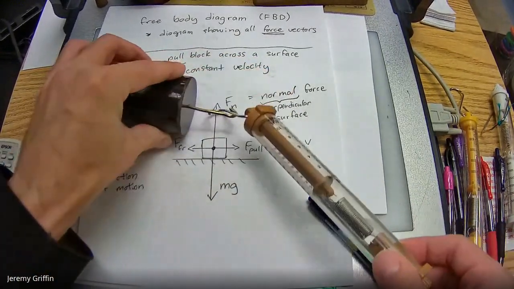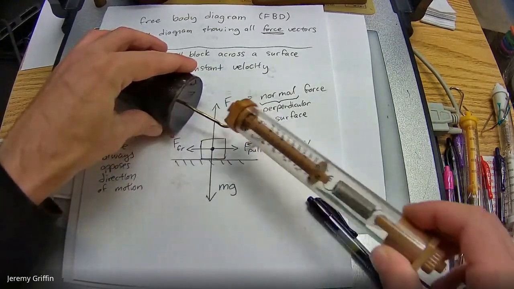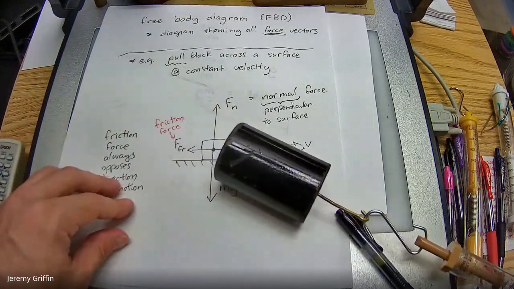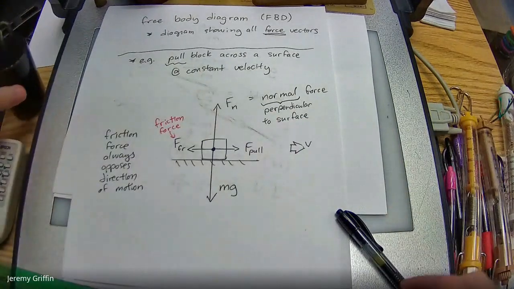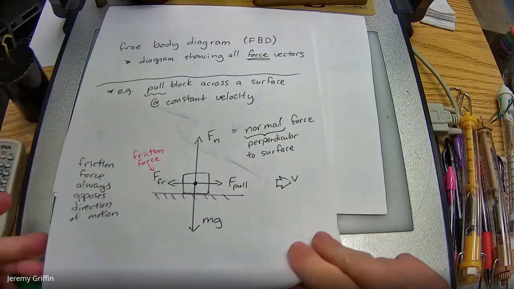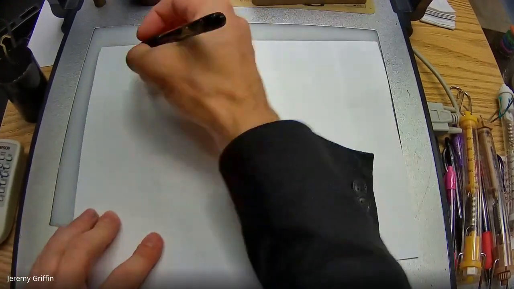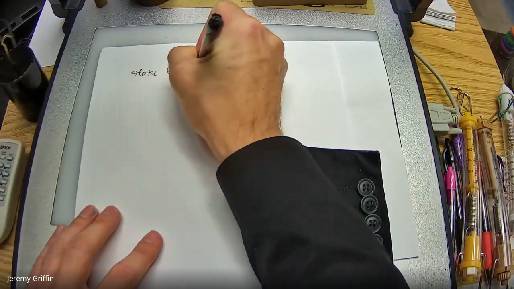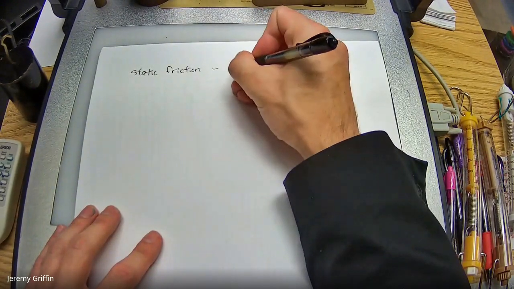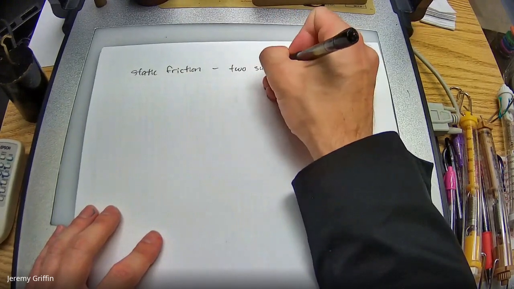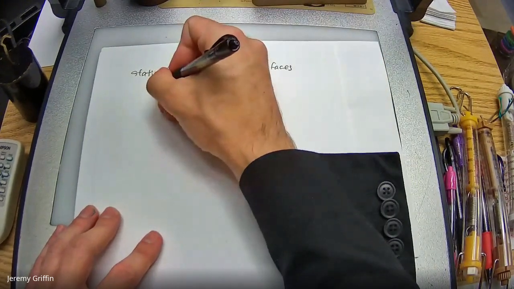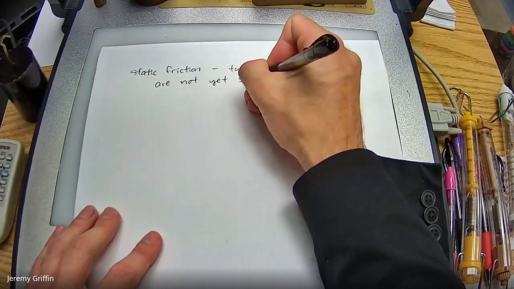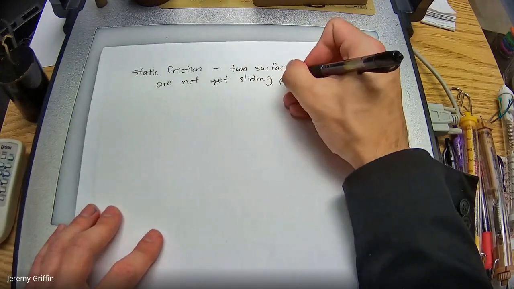So that initial part where it's all just static, that's called static friction. And then once it starts sliding, it's called kinetic friction. And I'll tell you a few details about that. So static friction is when the two surfaces are not yet sliding past each other.